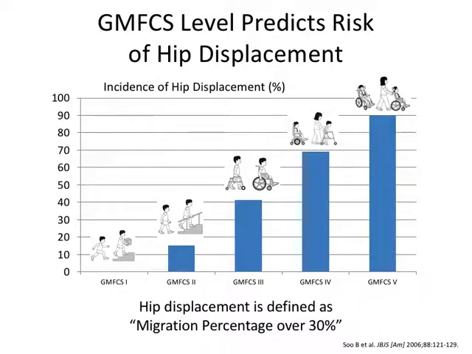Well, the GMFCS system began as a system to describe gross motor function, but because it is so reliable and is such a good way to describe children with CP, it has been applied to multiple different domains, including hip displacement. And you can see here a nearly stepwise increase in the risk of hip displacement as your GMFCS classification goes up. So the GMFCS 1s have a very low risk.